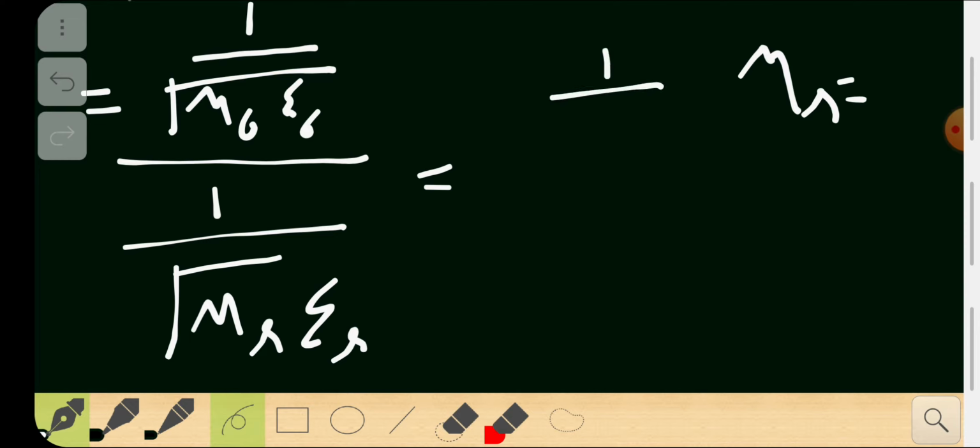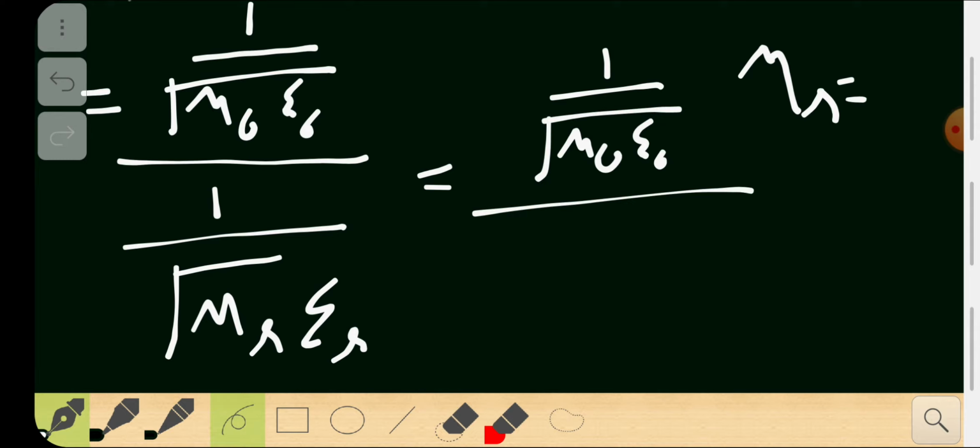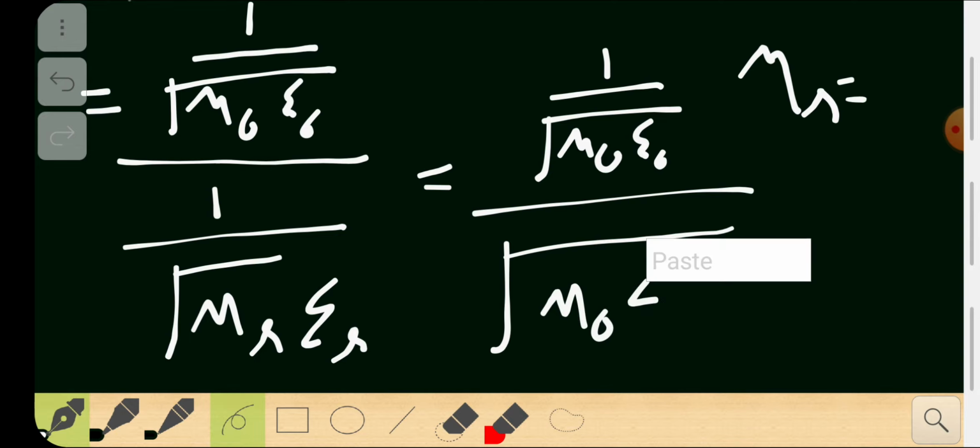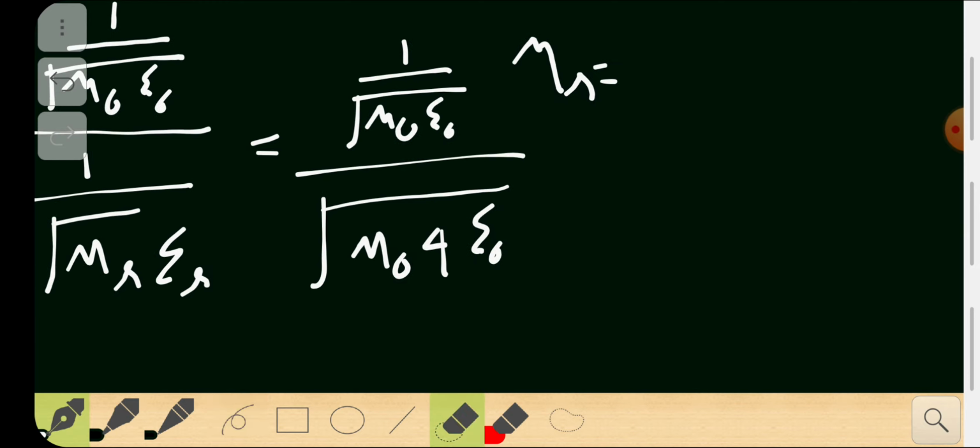You get 1 by square root of mu 0 epsilon 0, divided by 1 by square root of mu 0 times 4 epsilon 0. Simplify that, and you get 2.